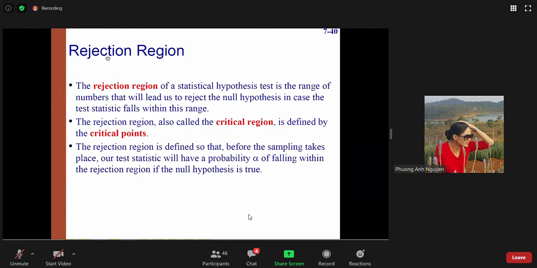So again, by definition, the rejection region of a statistical hypothesis test is the range of numbers that will lead to rejecting H0. The idea of the rejection region is just a region like before.